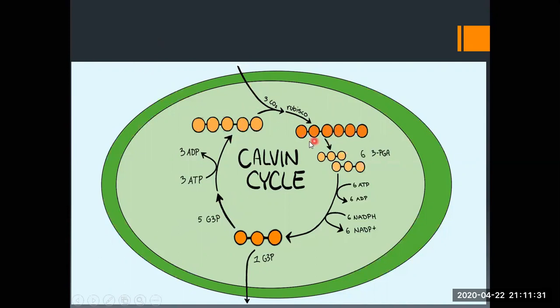This 6 carbon compound is then split into 3 carbon compounds, 3 PGA, and in this step, ATP and NADPH are utilized. Energy is used from the light reaction energy source, and one 3 carbon compound is used to make glucose, while the other 3 carbon compounds are used to regenerate these 5 carbon compounds.